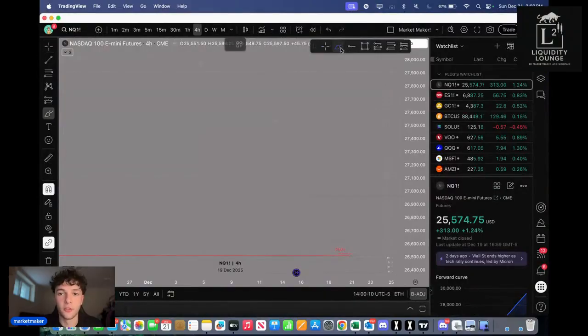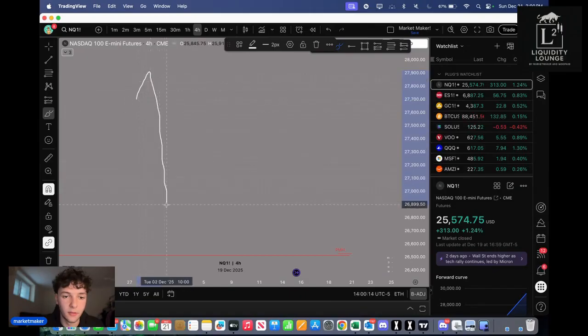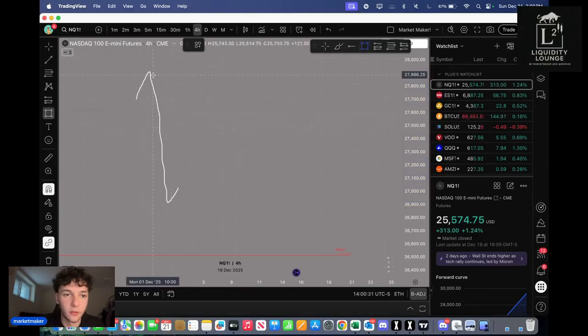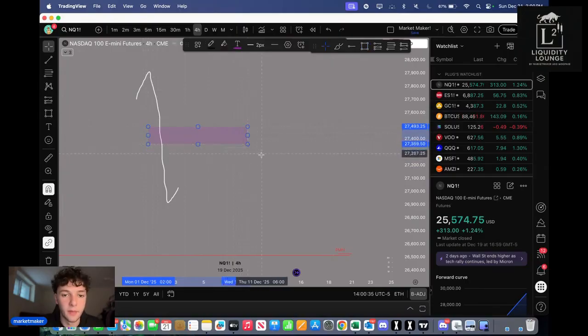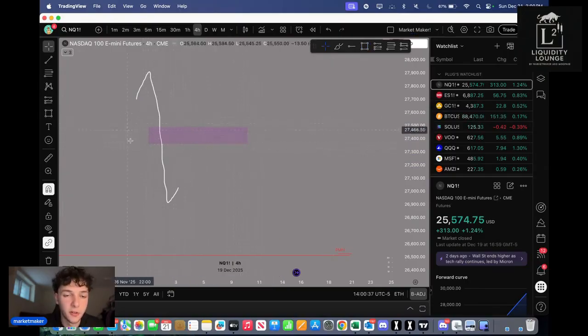All right, so let's draw this out right here. Let's say we have a large leg down, creating a fair value gap in the middle. This is going to be your IRL, internal range liquidity.